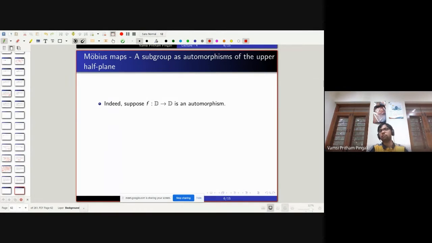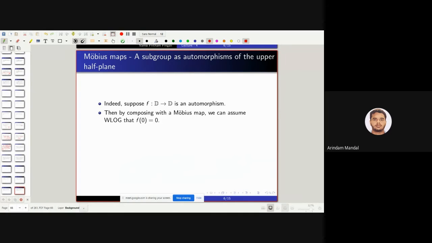Indeed, suppose f from the unit disk to itself is an automorphism. Then by composing it with a Mobius map, we can assume without loss of generality that f of 0 is 0. What is the meaning of this phrase and why is this true? Consider the image of f of 0 to be alpha. Then we can identify a Mobius map such that this alpha goes to 0. Very good.